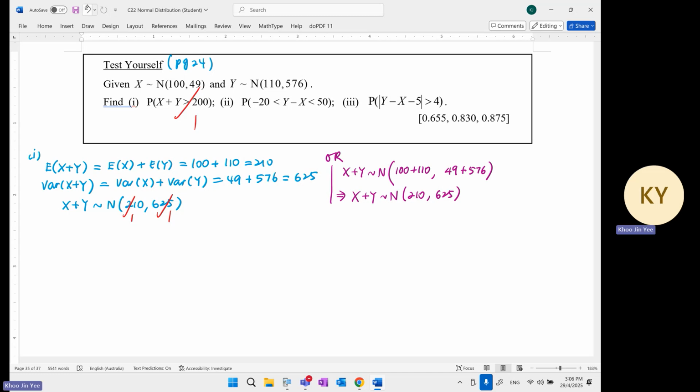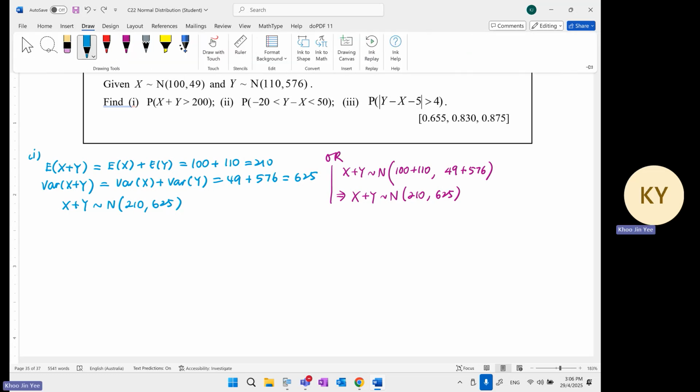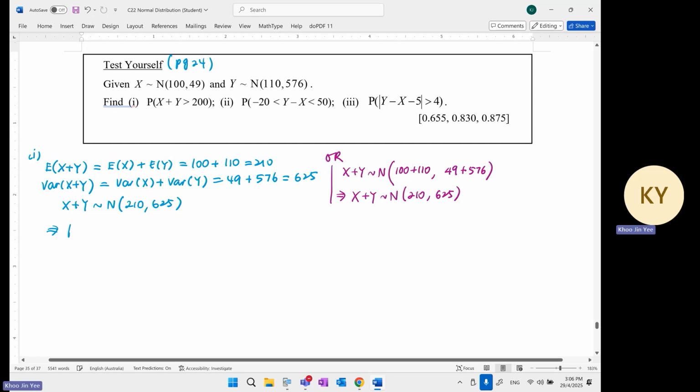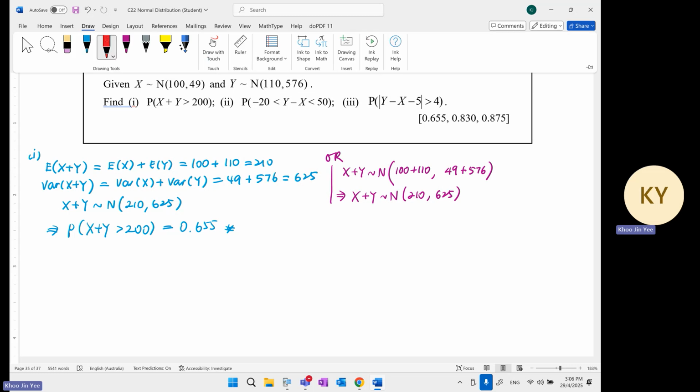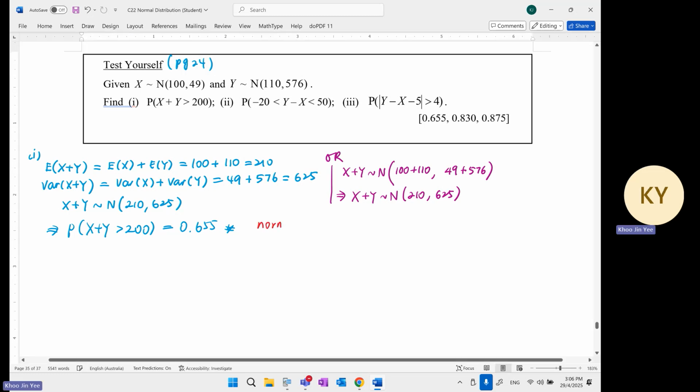With this, straight away, you can key in your calculator already. So your probability of x plus y greater than 200 will be equal to, straight away, 0.655. Once again, you key in your normal CDF.